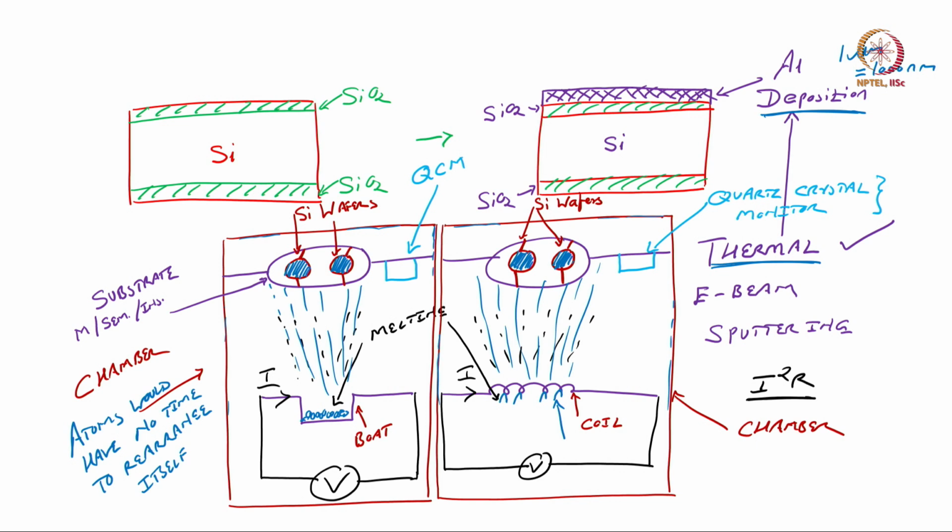Now, this QCM is used because the material that we are evaporating will also get deposited onto the QCM. See, it gets deposited everywhere, I told you, right. Maximum deposition is here. The reason is, if you know the basic math, you will understand the cosine law will come into play, and the maximum deposition occurs when you load the wafer at a certain angle with respect to your source material.